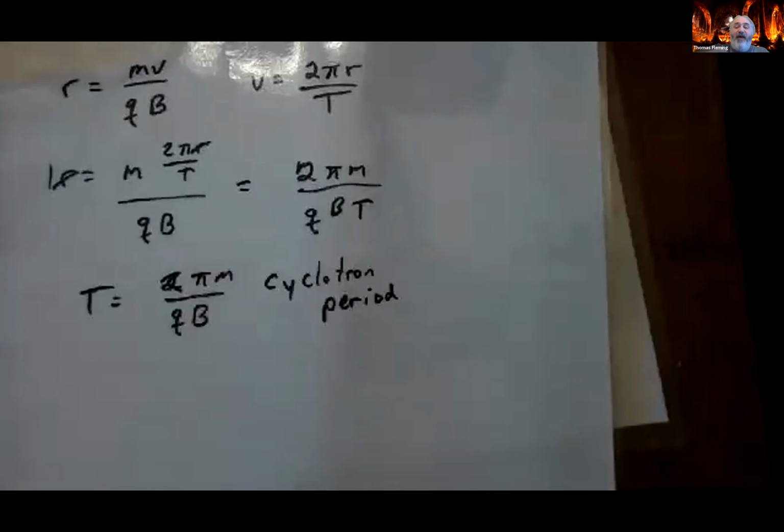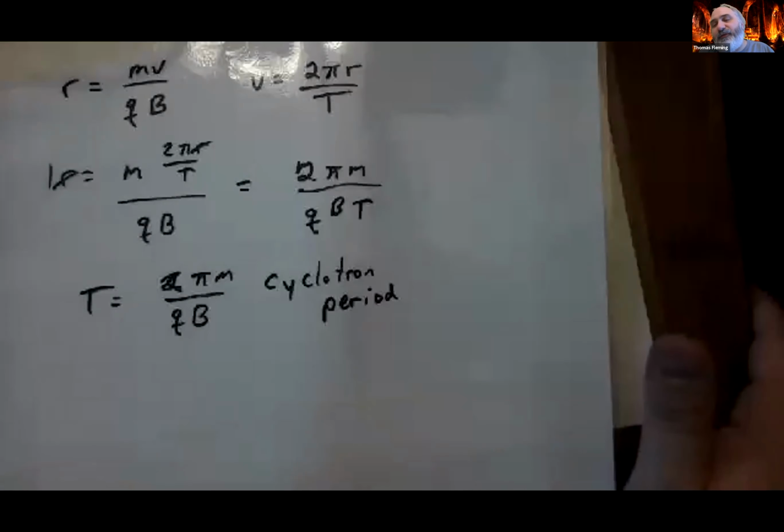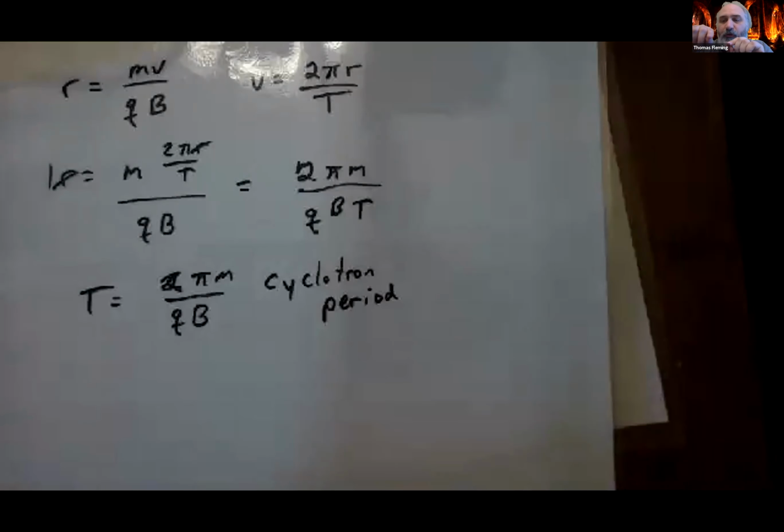If you're traveling faster, you might think it'll go around in a shorter time, but it won't, because the faster moving particles are going to go around a bigger circle. And the increased distance will exactly cancel out the effect from having the increased speed. A slower speed means you'd go around a smaller circle. So even though they're traveling slower, it'll take them the same time because they're not going around as far. Pretty cool.